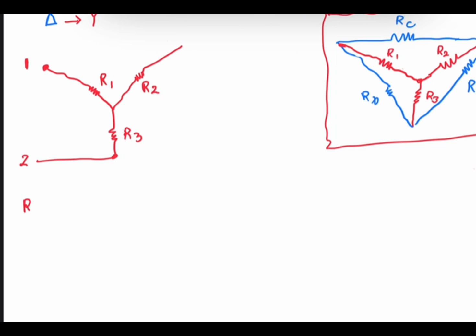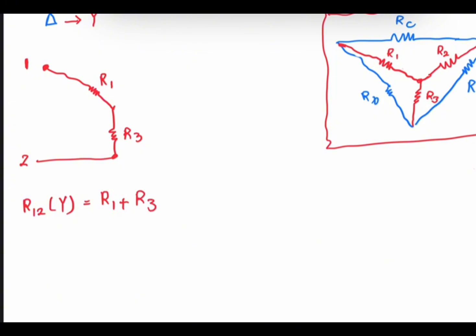I want to see what the equivalent resistance is between terminals 1 and 2 when they are connected in the Y format. Obviously, if I take care of terminals 1 and 2, I can see that R1 and R3 are in series, R1 plus R3.